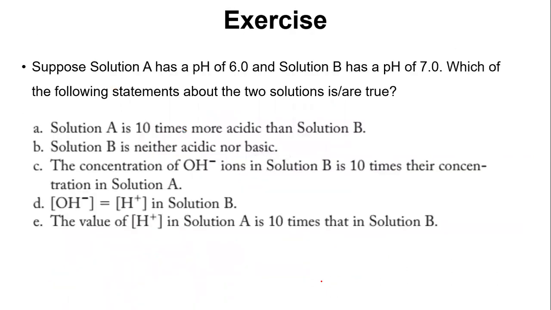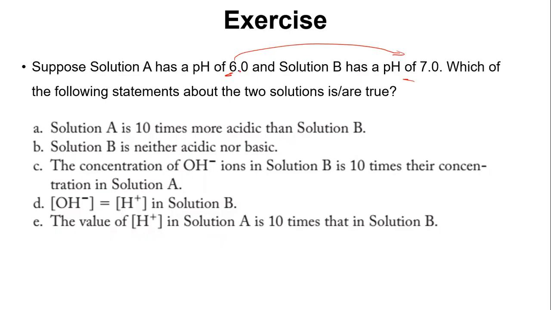Next question. Suppose solution A has a pH of 6.0, B has a pH of 7.0, right? Which of the following statements is correct? Now, they want to compare the acidity. Generally, if A is 6.0 and B is 7.0, A is more acidic than B. Very simple, because the smaller the number, the higher the acidity on the pH scale.